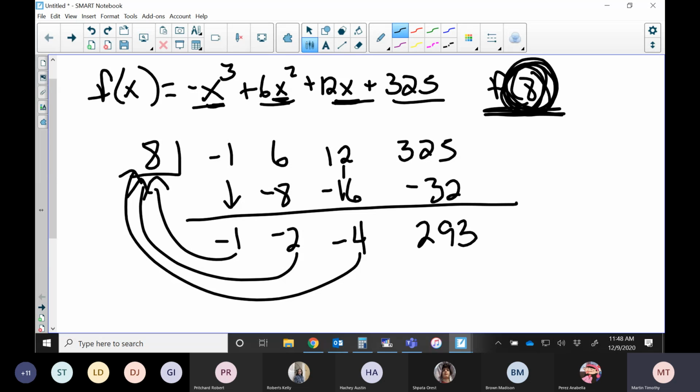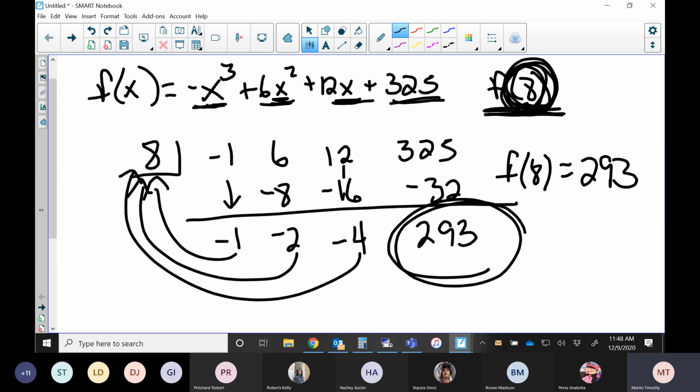I am telling you right now, if you plugged in 8 into all of these x's and you simplified it, at the end when you finished, you would get 293. This is called the remainder theorem.